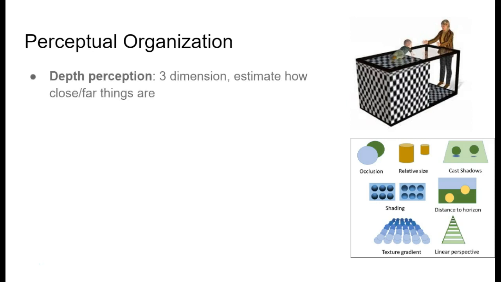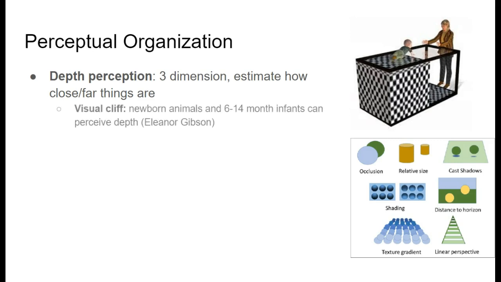Perceptual organization is the way that we organize our information once we have that information. So depth perception is what creates a three-dimensional world for us. It allows us to estimate how close and how far things are. What you have up here on the right-hand side with the baby walking across that clear box is what we call the visual cliff.